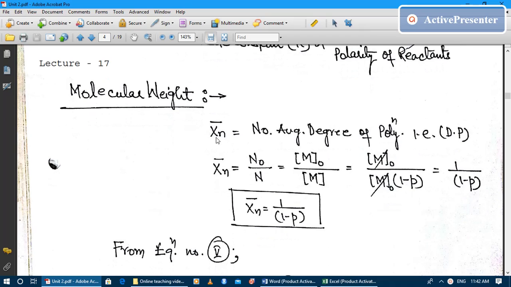So we know that Xn is the degree of polymerization and Xn bar is the number average degree of polymerization. This we have already studied in unit 1.